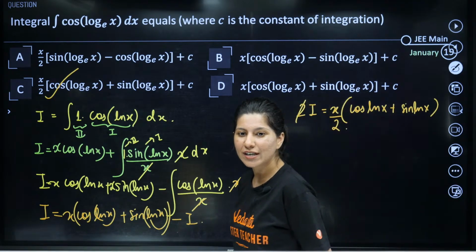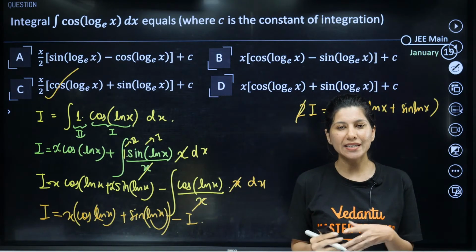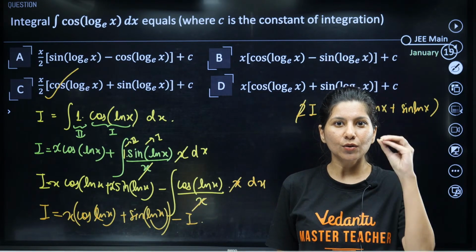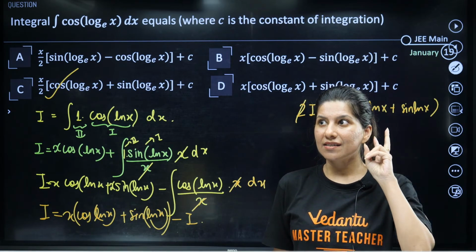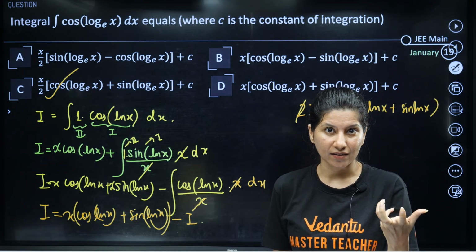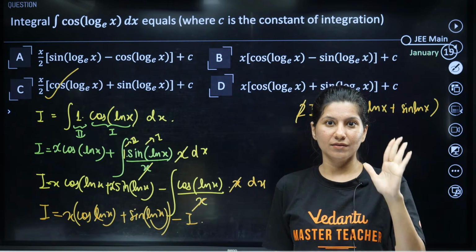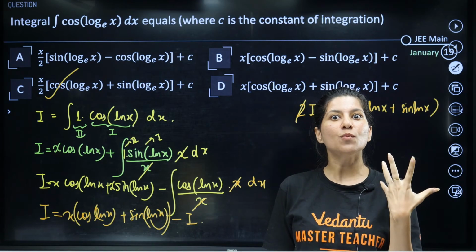See, Sanjay and Jeena, the ILATE rule is basically to help you understand which function cannot be integrated. That's why I told you, do not depend on ILATE, because sometimes you might get confused.